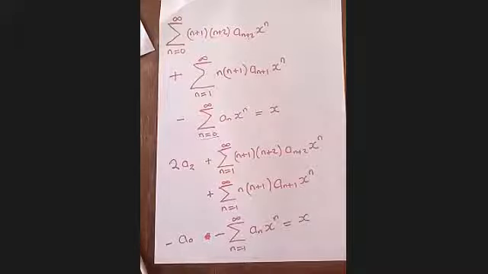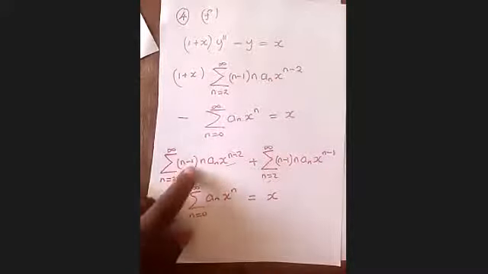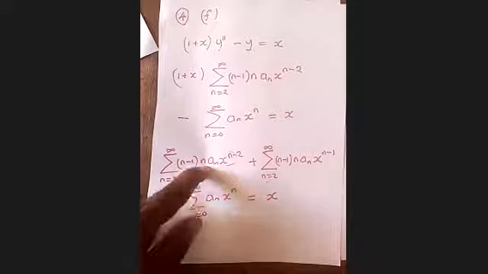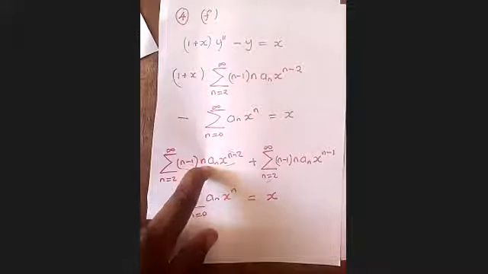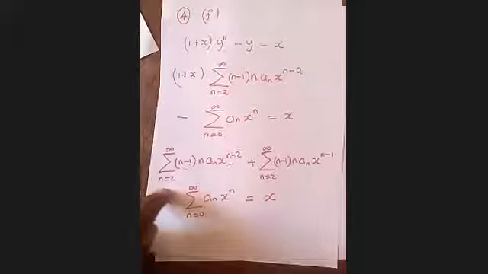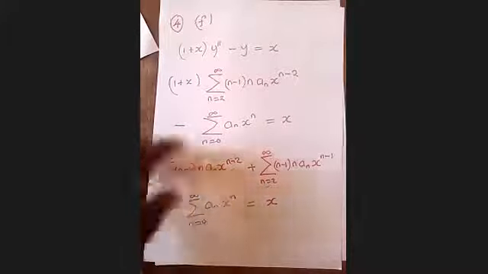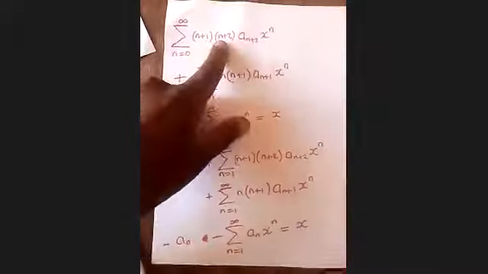So this is the first page. After expanding, you get this. So there's an n, yes, as part of the coefficient, but because we shifted the indexing so that we start from n is equal to 0, this n changes to n plus 2. So you get this.